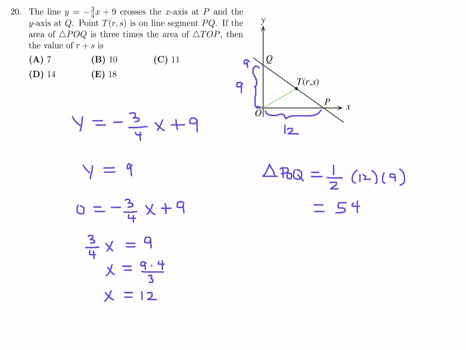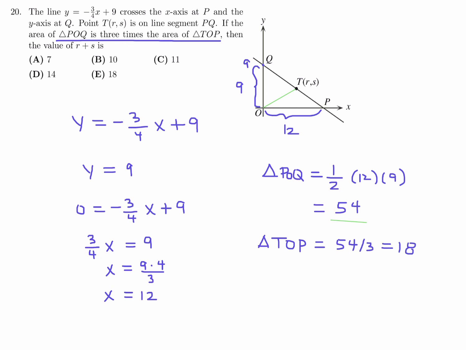This is TOP. That is going to be related to the area that I just figured out in the following way: POQ is 3 times the area of TOP. So that basically means that the triangle TOP, the area is 54 divided by 3, which is 18.